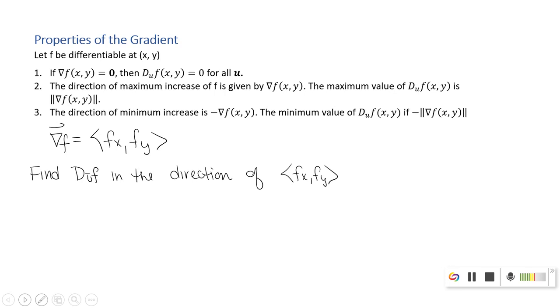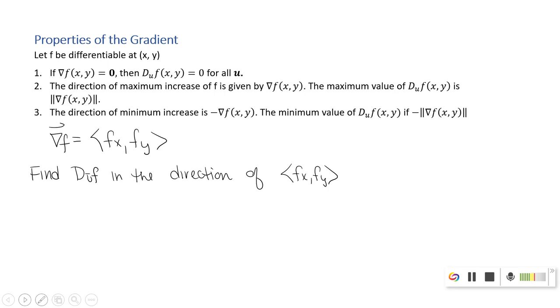And the maximum value of that directional derivative is the magnitude of our gradient. The minimum increase is in the opposite direction of our gradient vector, so the negative gradient vector. And then the minimum value of our directional derivative would be the negative magnitude of that gradient.